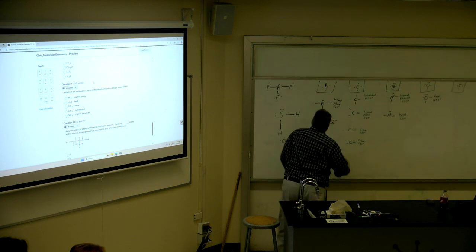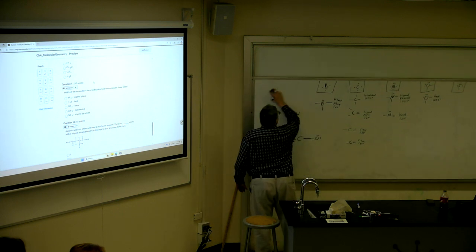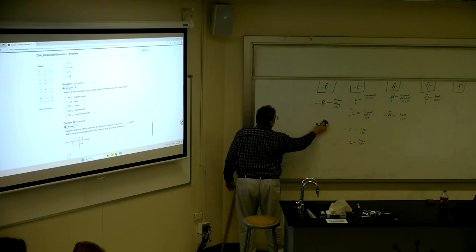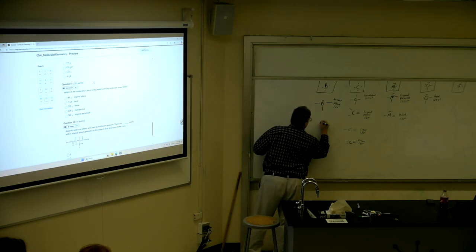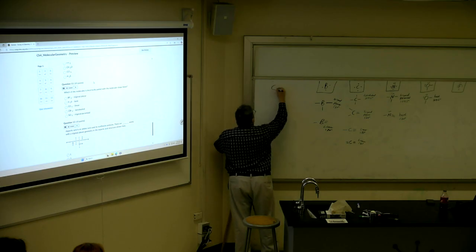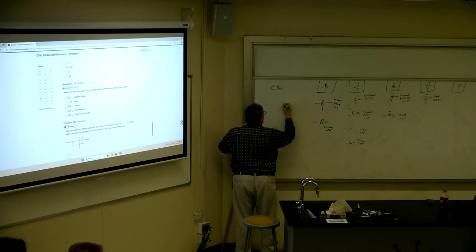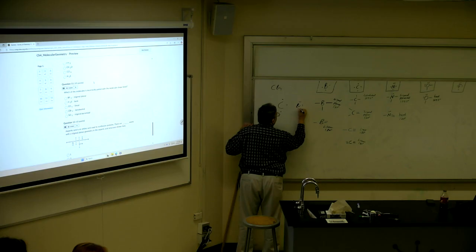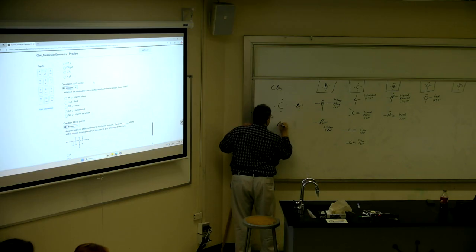CBr4. So you've got C that looks like this, and Br, that's below fluorine.